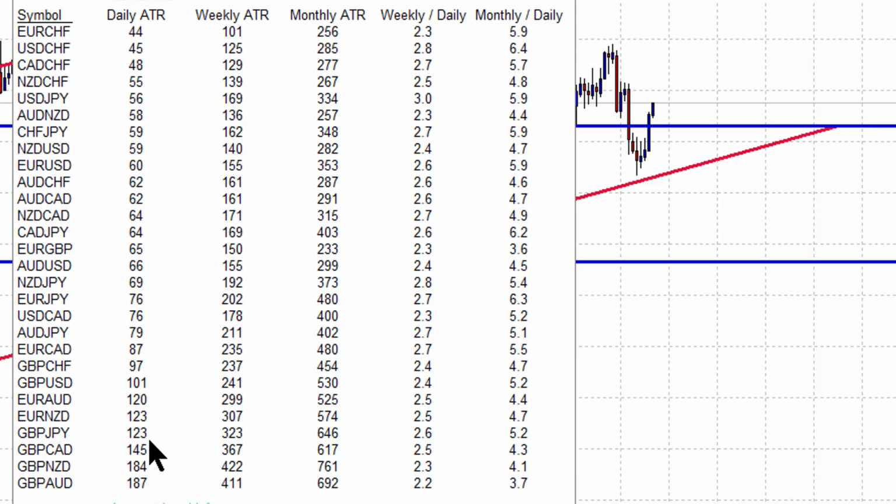But it's very easy to go for a 300 pip target if you know that the average range, for instance, for the pound yen is 600. So you can determine stop sizes and target sizes based on the volatility of the currency, as well as the currency's inclination to trend or to go sideways.